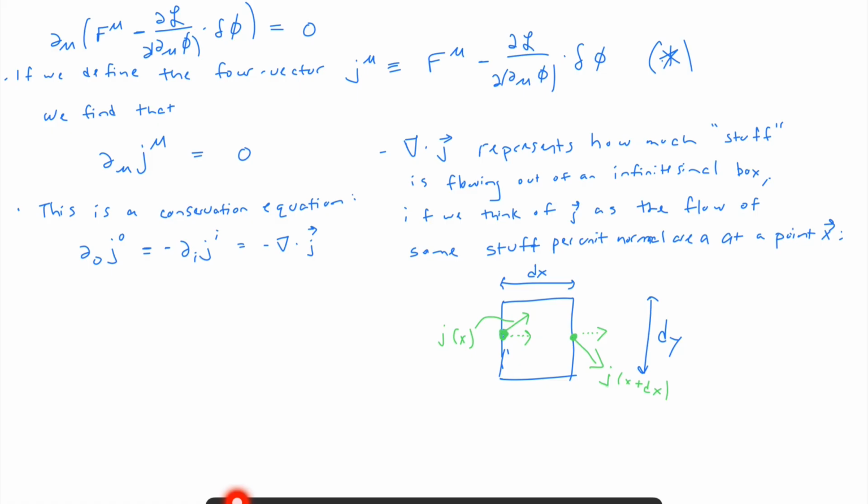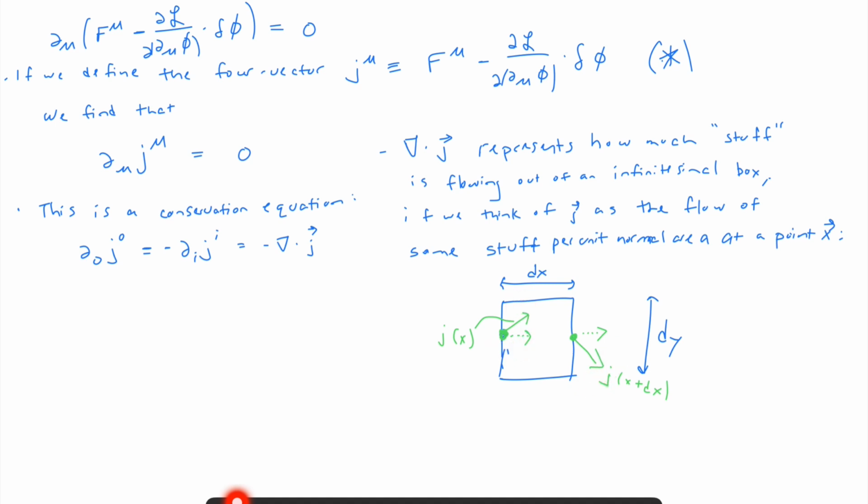So let's say you're talking about some sort of stuff that's flowing per unit normal area, and we call that J at a point X. Well, this diagram here shows that if this is the J of X over here, which means the rate at which this thing is flowing per unit normal area, and this is J of X plus dx, which is the value for this J vector over here, how much stuff is flowing per unit normal area in this direction normal to the vector.